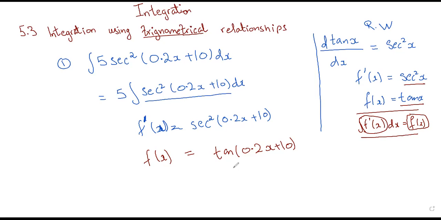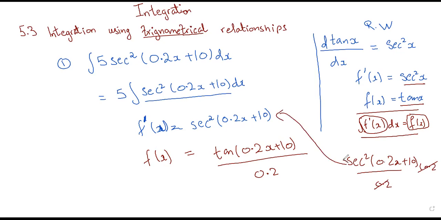This means that we'll have 0.2 in the denominator of f of x, and now if I differentiate, I will get this whole thing. I will get secant square 0.2x plus 10 divided by 0.2, into 0.2, and then the 0.2 would be cancelled, so I would get the same derivative if this is my function.